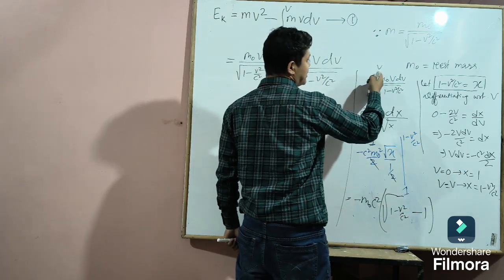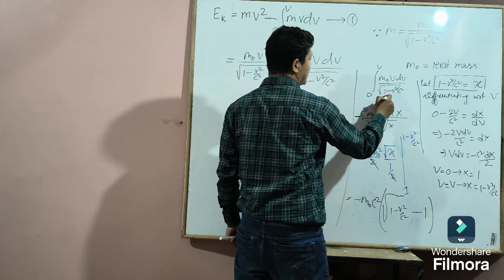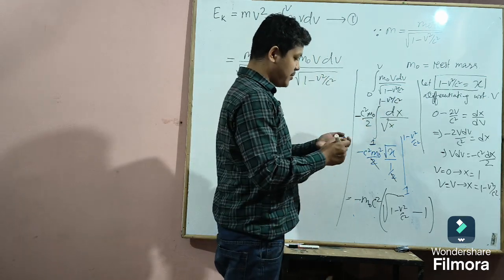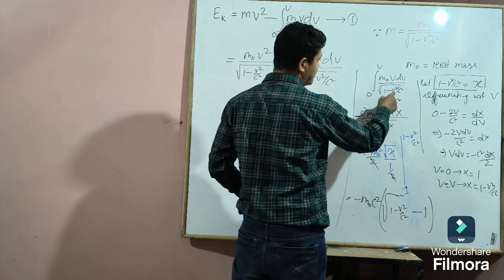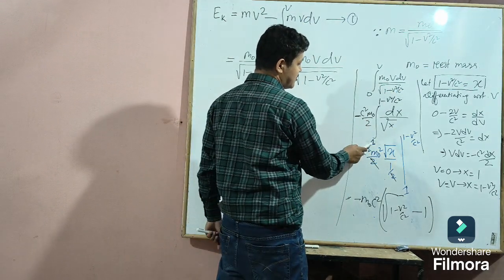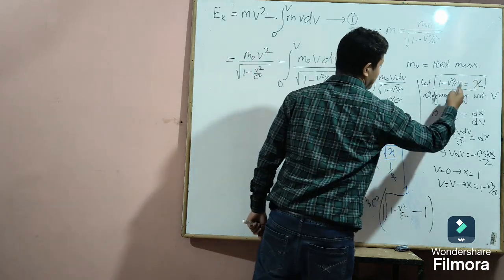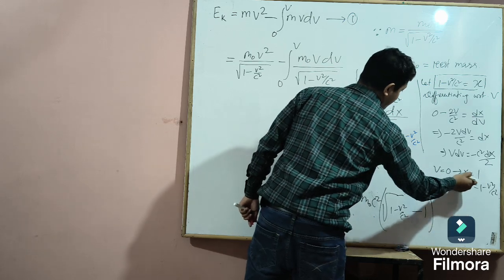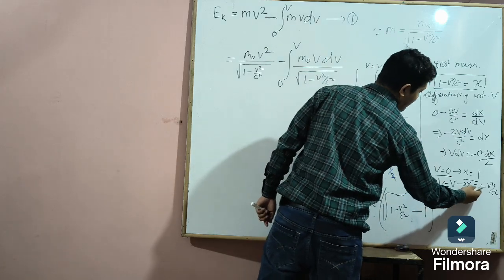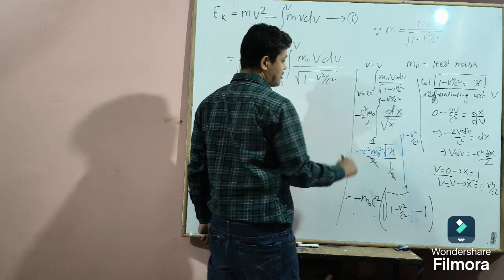Now for the upper limit v, this v remains v, then x will be equal to this one. So we have used here as the upper limit 1 minus v square by c square. So actually we have to use this upper limit in this case when you replace this by x. Hope you have understood this. And the lower limit becomes 1, because for v is equal to 0, x becomes 1, and for v is equal to v, x becomes 1 minus v square by c square. That's why instead of v we have written here 1 minus v square by c square.